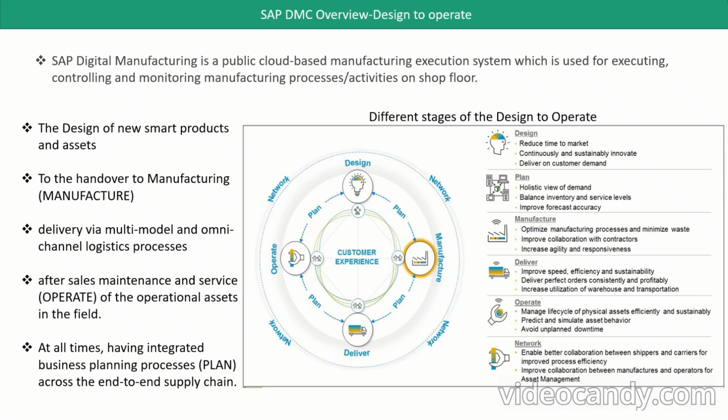So let's understand what design to operate is. Design to operate has 4 stages, where the first one is design. Design is where either a new product or an enhancement to a product gets designed, and according to requirements it gets planned and moved to manufacturing.